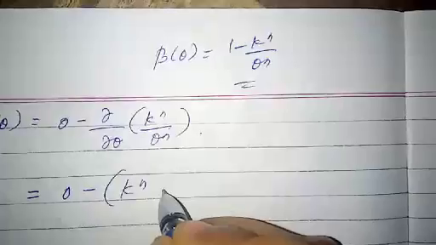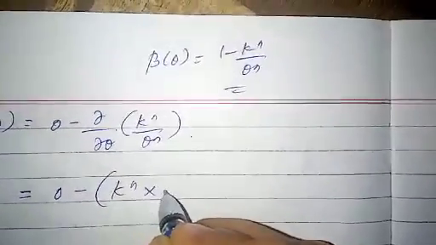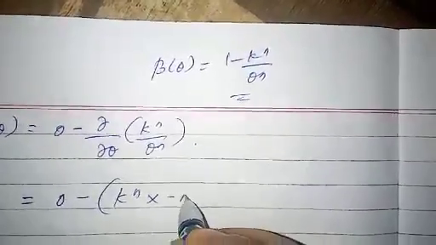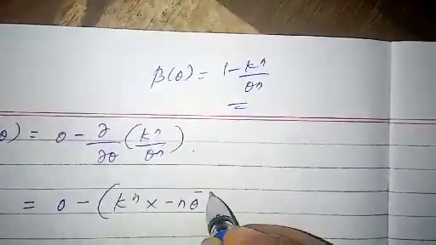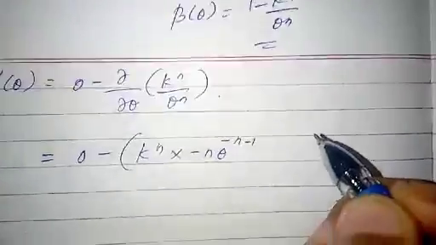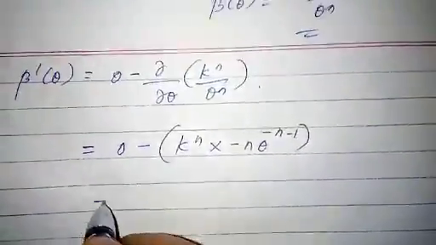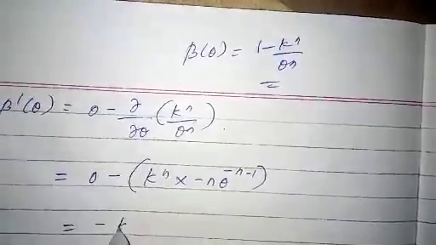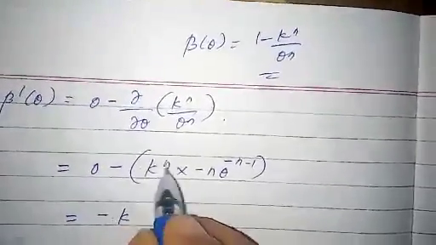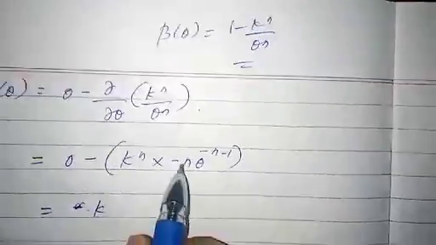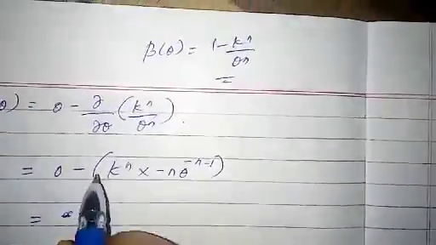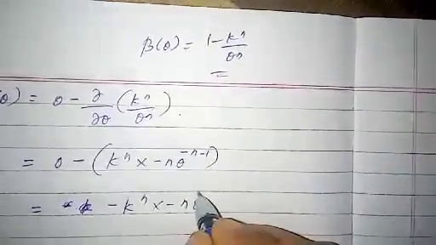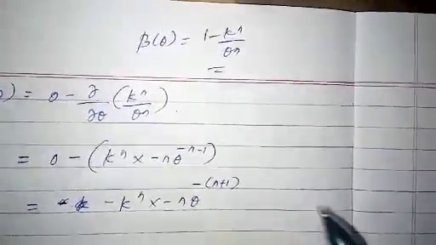k power n into minus n theta power minus n minus 1, right? Which is equal to, minus into minus got cancelled, minus into minus is plus, right? So we can write minus n minus 1 as minus of n plus 1, the same, right?